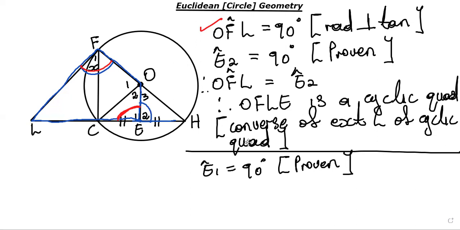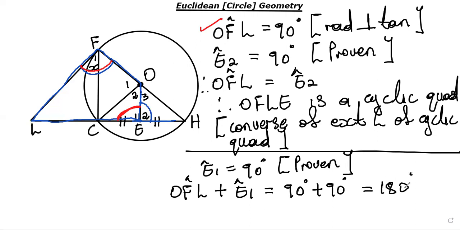And then you show us what happens when you take OFL and add it to angle E1. So you say, if I take 90 degrees, I add it to another 90, I get 180 degrees. You have shown us. So what is your conclusion from what you have shown us? You say this quadrilateral is a cyclic quad.